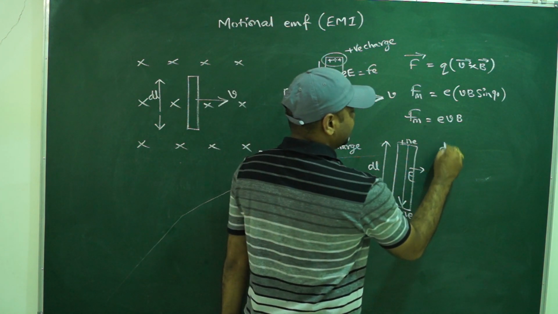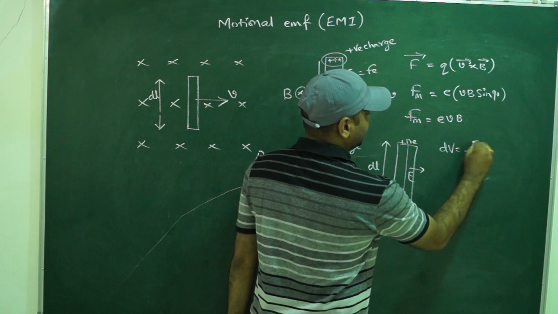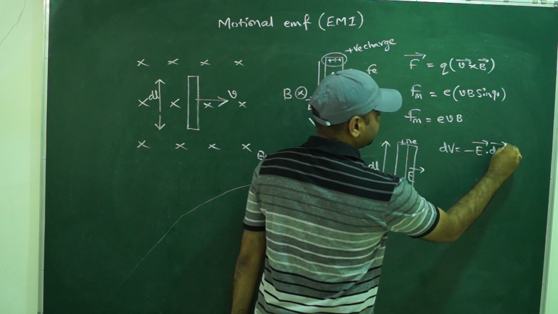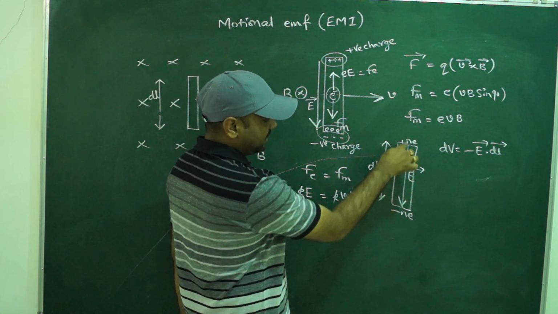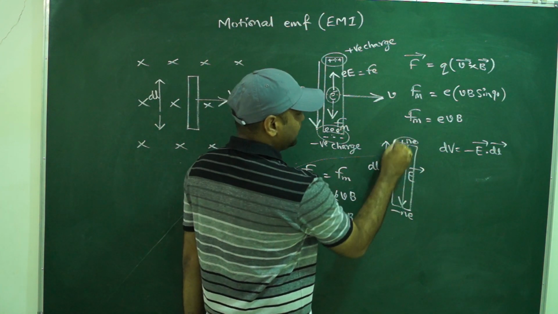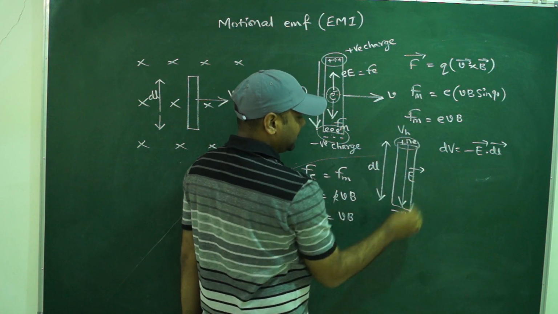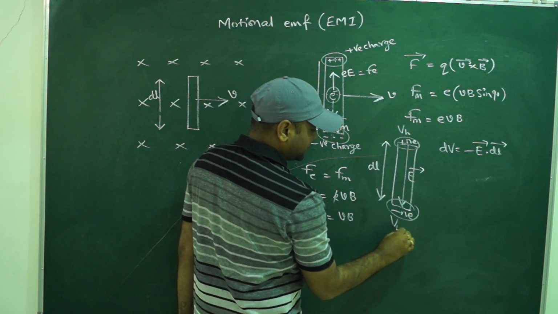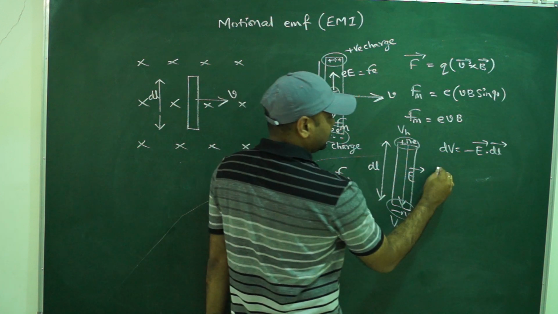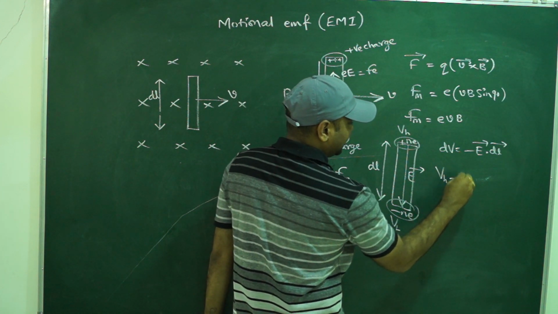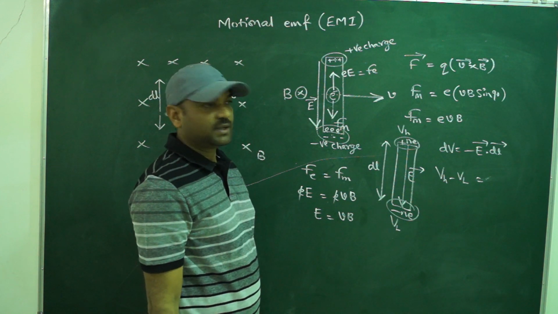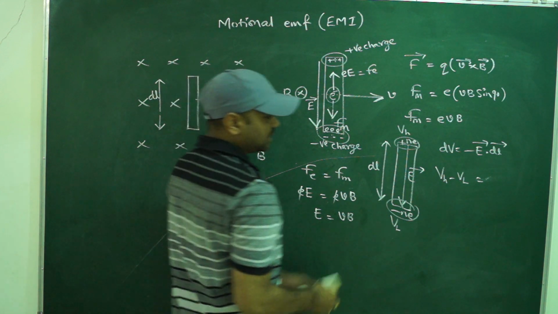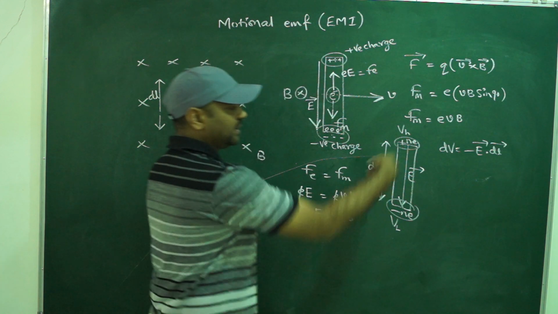Usually the potential difference we can write as dV is equal to minus E bar dot dl bar. Along the field the potential decreases, which means this end will be at higher potential, VH, and this at lower potential, VL. Then I directly write VH minus VL, the potential difference magnitude; or else we can apply the formula.